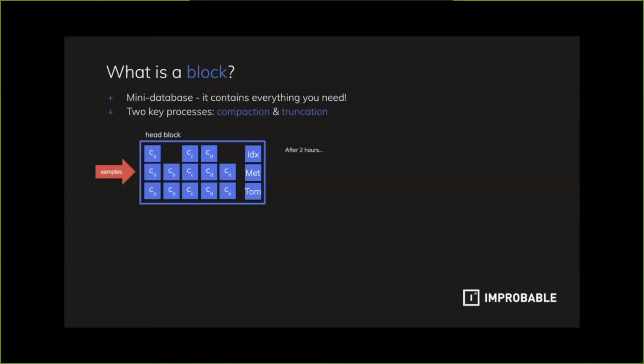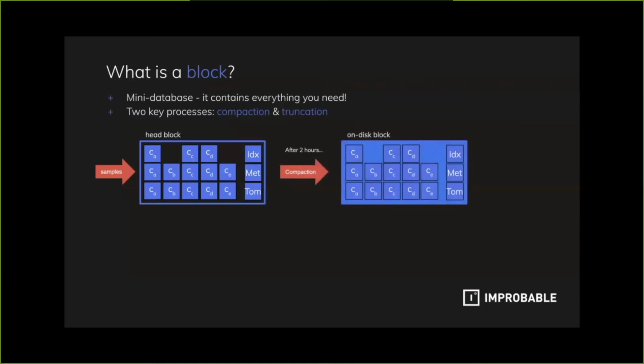So when the next compaction cycle occurs, which is triggered at least every minute, the head block is written to disk, like so. Once the head block has been compacted to disk, it goes through the truncation process, which basically means flushing all of its in-memory data structures ready to start being recreated by the stream of incoming samples.